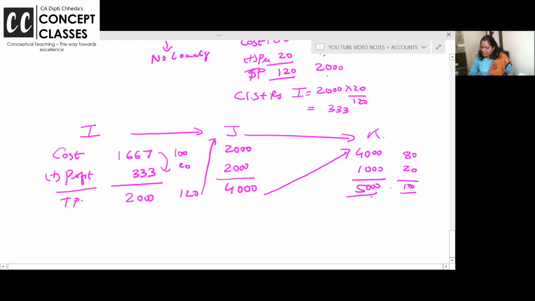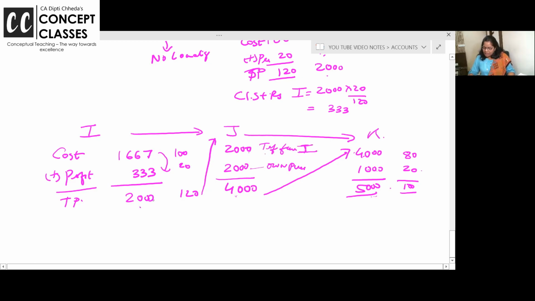In the 5000 goods that K has, J is loading 20%, so the cost is 4000. J is saying, okay, 4000 is my cost. In that, 2000 is my own purchase, 2000 transfer from J. Now transfer from I.